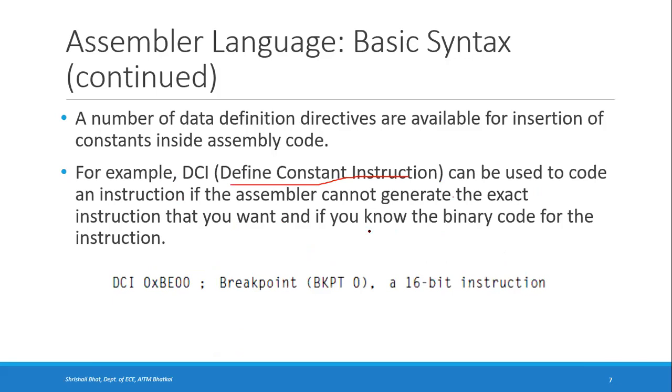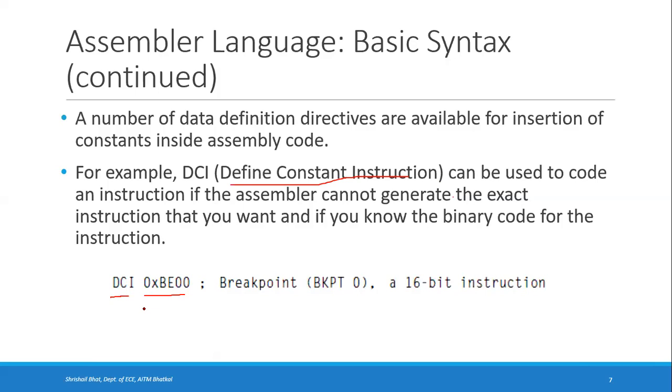All the assembler instructions have equivalent machine language code. Sometimes the assembler has limitations and might not be able to generate the exact machine code. In that case, if you know the machine code or binary code, you can directly define that code by using this DCI directive.